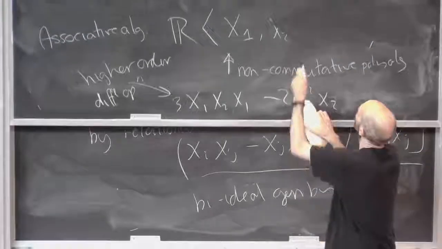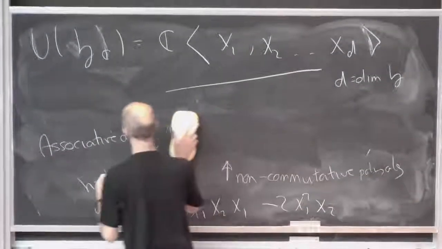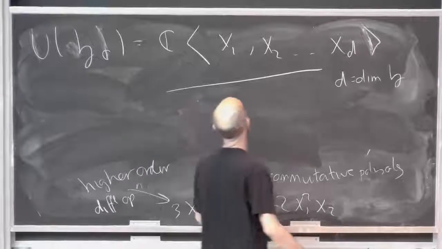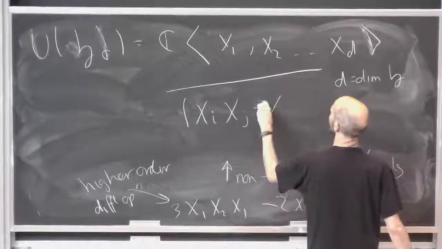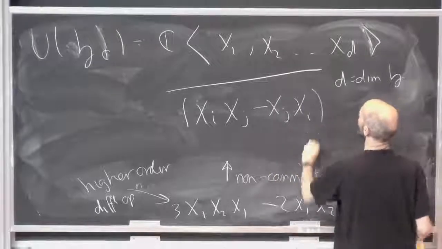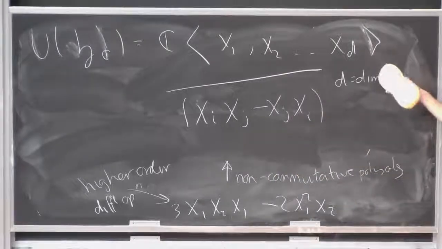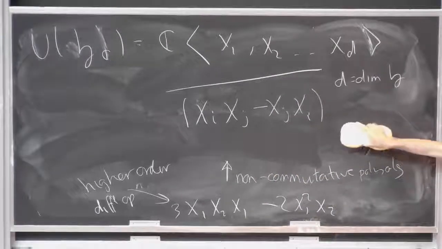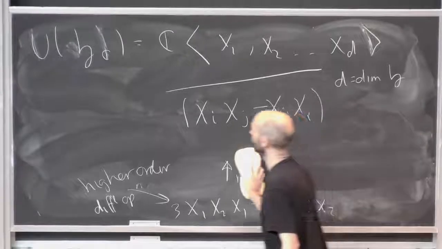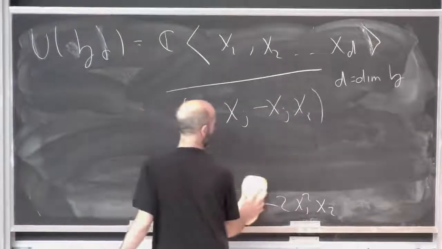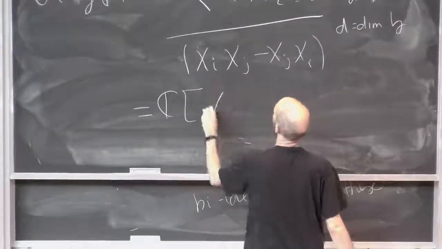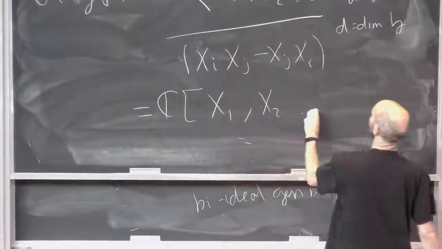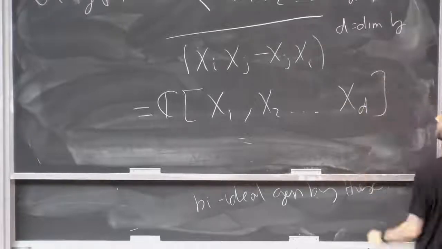So I throw in all these complicated non-commuting polynomial variables, and then I quotient out by the bi-ideal xi xj minus xj xi. So I throw in a bunch of variables, I demand that they don't commute, and then I quotient out by relations that say they do commute. And so I can do that quotient. That is the normal commutative polynomial ring in d variables.